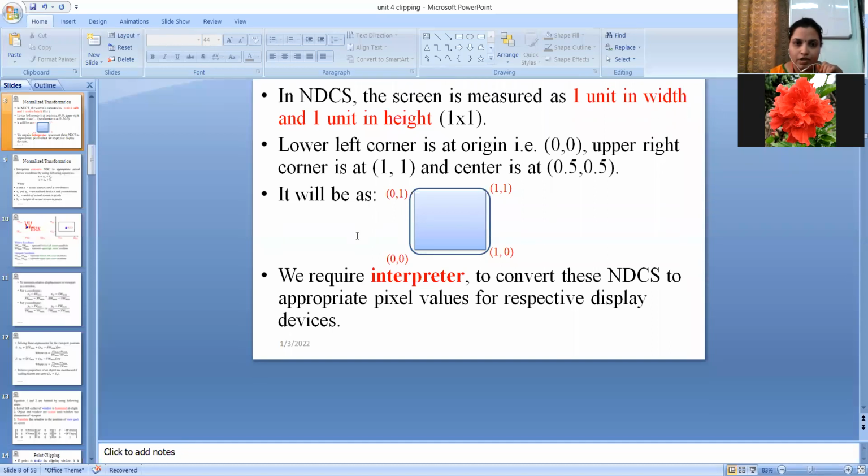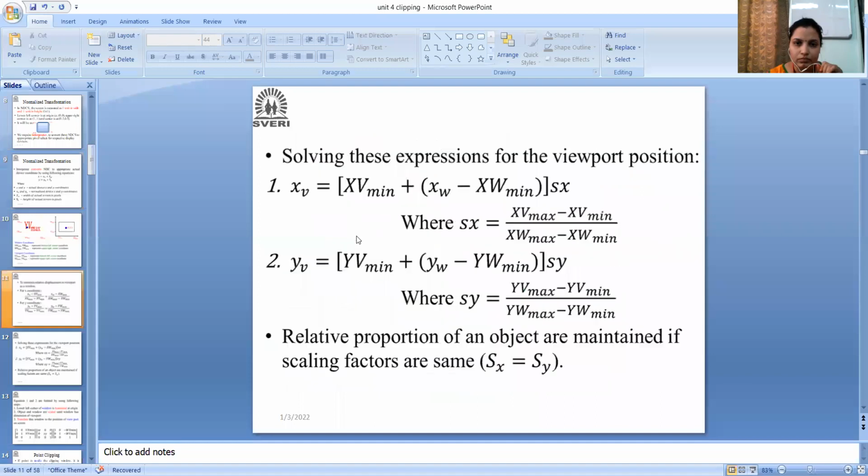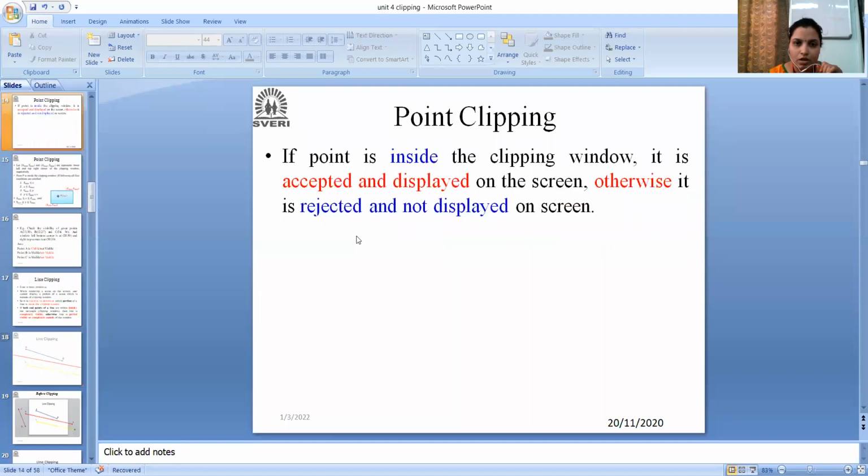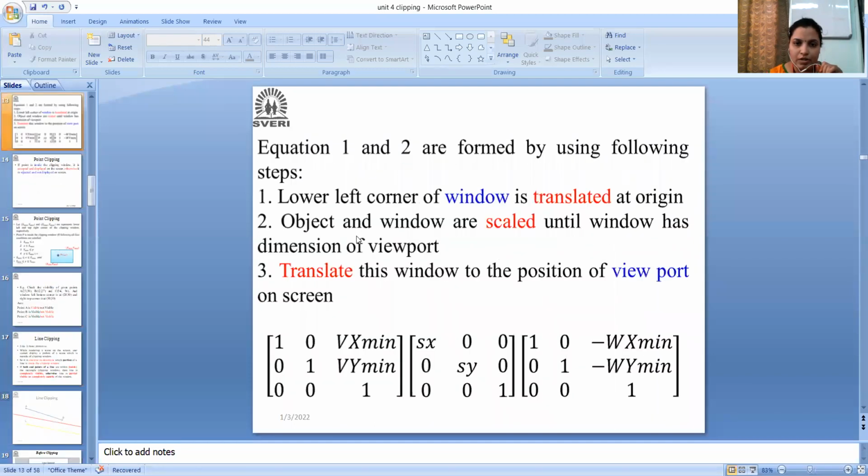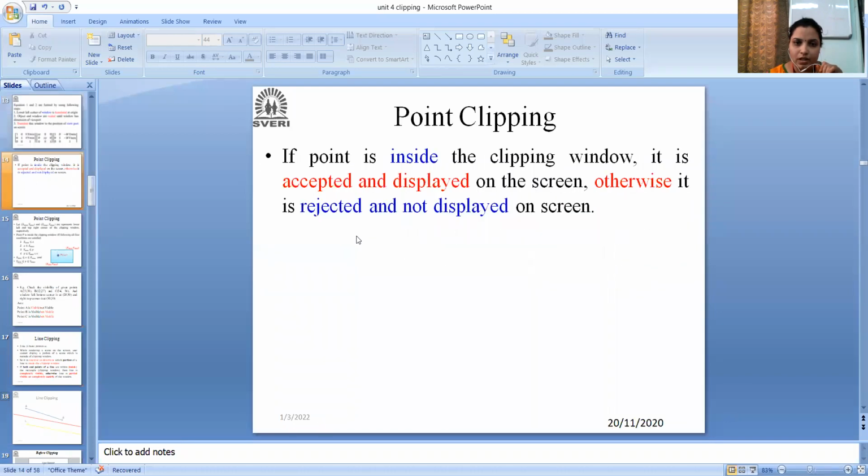Then we have seen clipping, and in clipping there are 4 types. First is point clipping, then line clipping, then polygon clipping, and the fourth is text clipping. Out of that, we are concentrating only on the first 2 parts: point clipping and line clipping.